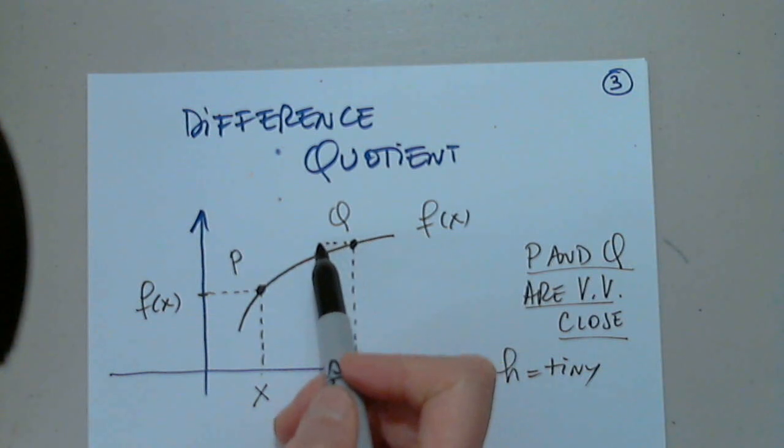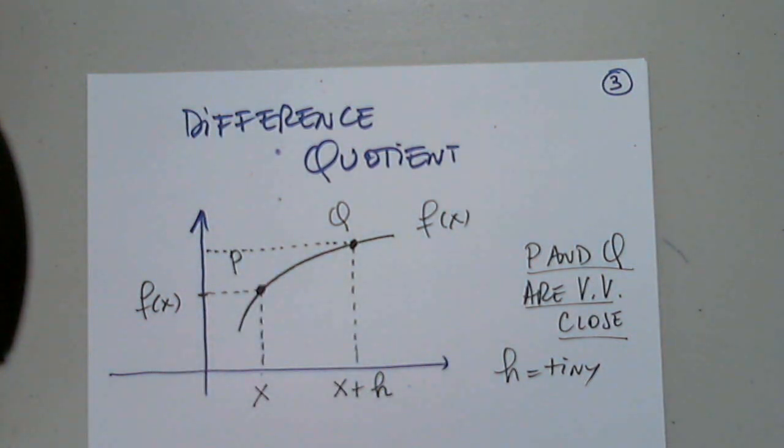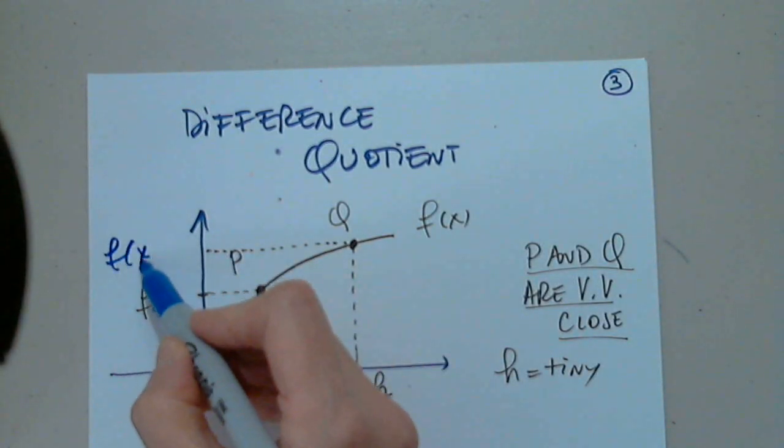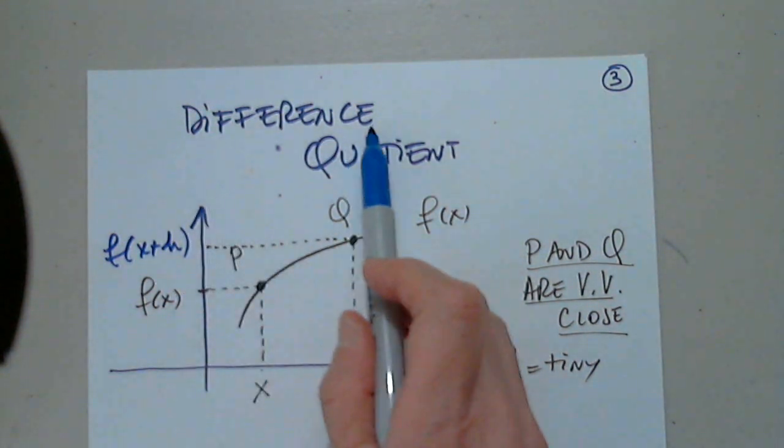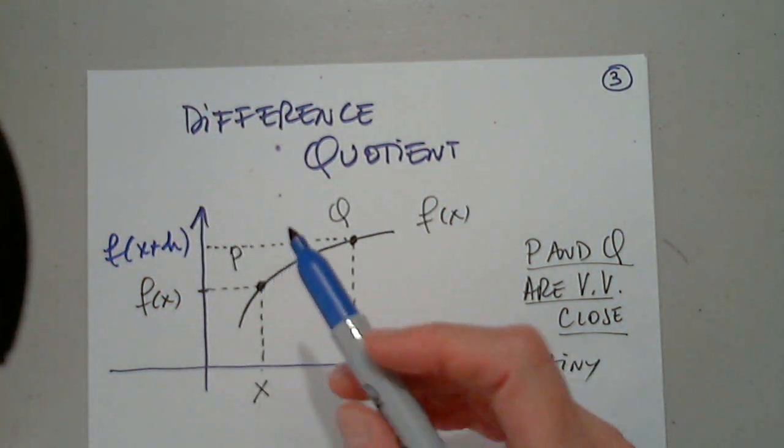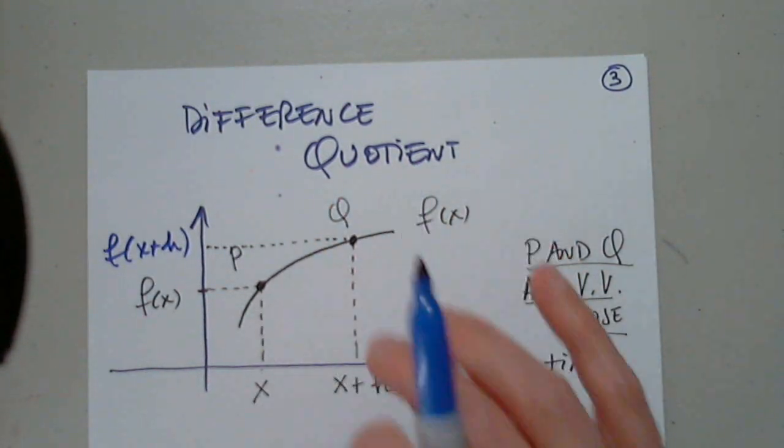Now, can anyone give us the y-coordinate for Q? You could get it as an expression like f of x plus h. Thank you very much. Perfect. Now, what is the difference quotient? In a moment, you will see. This is like the previous situation.